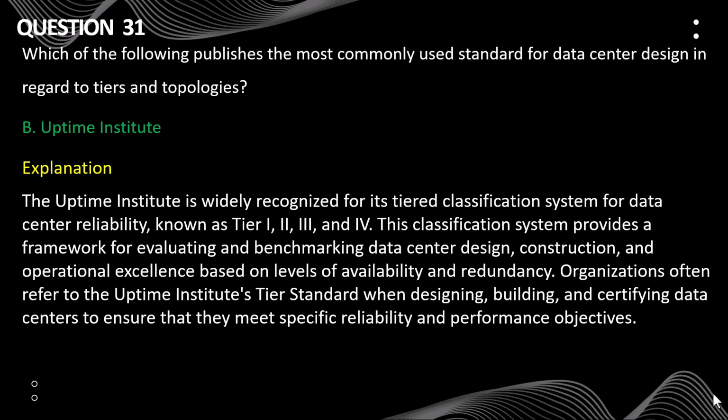The Uptime Institute's tier standard is the most commonly used standard in data center design in regards to topologies and tiers, and it defines the requirements and criteria for each tier level, including the fault tolerance, availability, and resiliency.